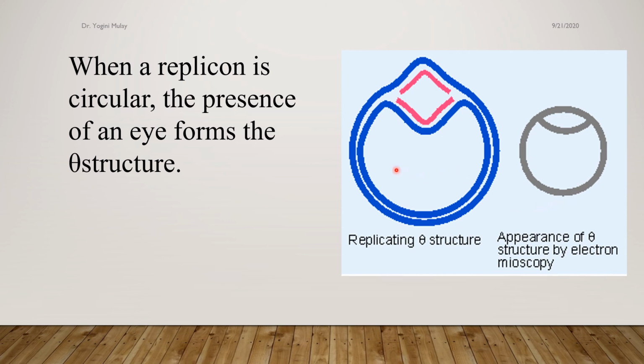So this is known as the replicating theta structure, and this photograph is seen under electron microscopy. So this is the replicating theta structure, means the replication is in process. You can see this is this and this, and this will progress in this direction, this will move in this direction, and in between it looks like a theta model.